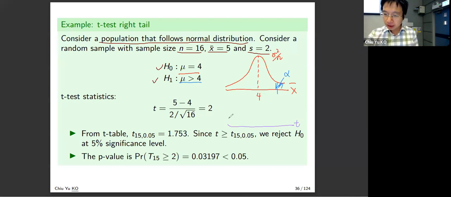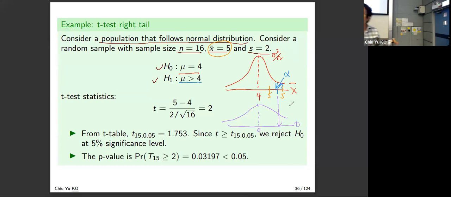Okay, and just the same, 0 is here, and I convert this to here. So remember, we figured out this is 5. So we want to see whether 5 is here or here. If 5 is in the blue region, then we reject. If not, then we don't.